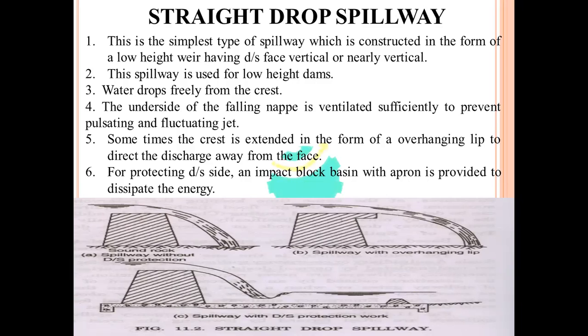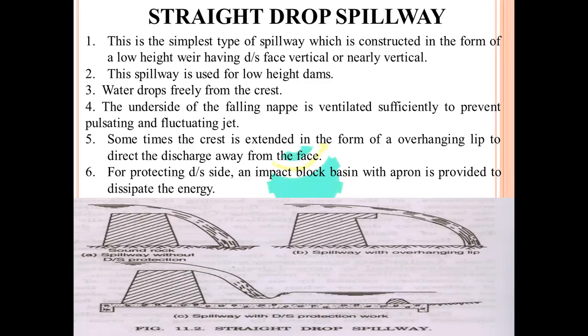It is generally constructed for low height weirs. Weirs are structures constructed on a river to control the velocity of flow of water. In the hydraulics and hydraulic machines lab, we have already done practicals on weirs and notches. So for those weirs, this straight drop spillway is constructed. This spillway is used for low height dams.